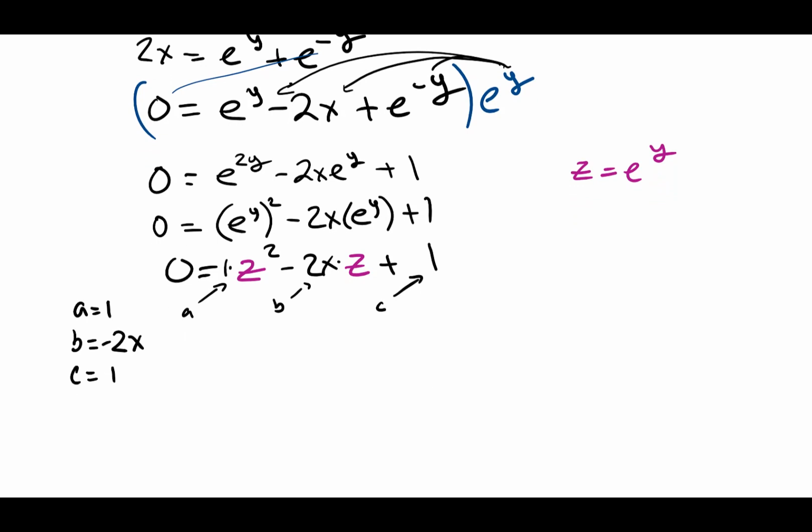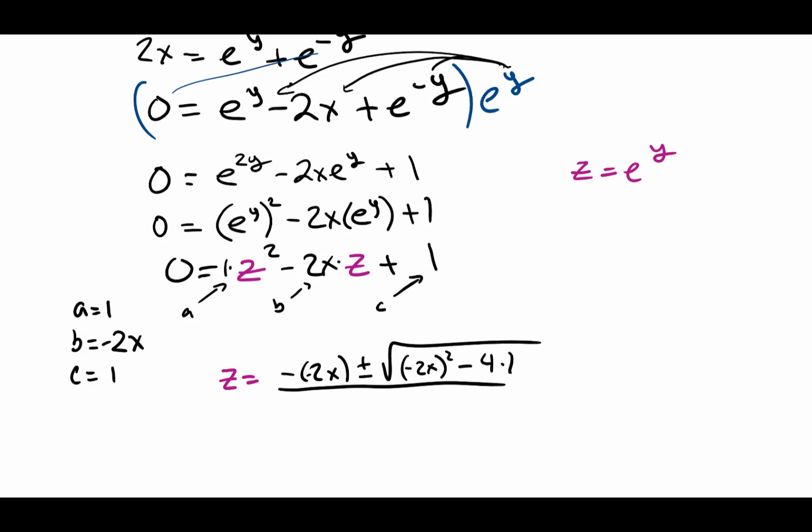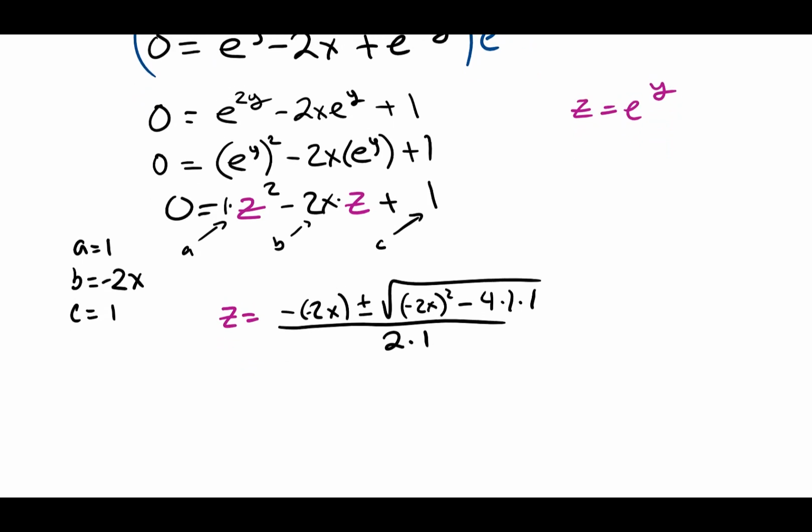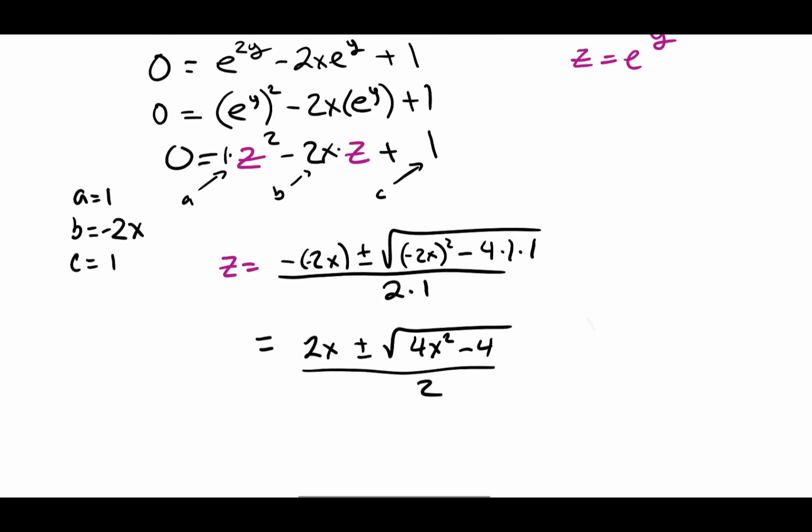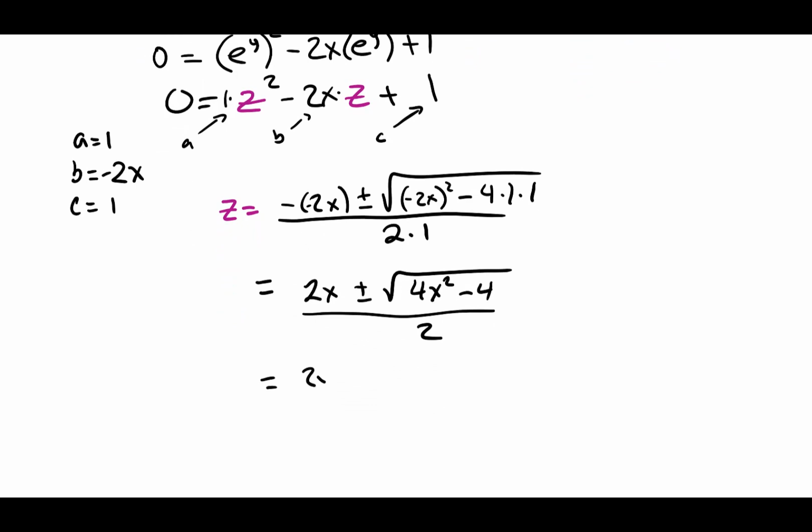So there was our a, our b, and our c for the quadratic formula. So we can say that our z value is going to equal negative b plus or minus the square root of b squared minus 4 times a times c all over 2a. Okay, so what do we got here? This is equal to positive 2x plus or minus the square root of 4x squared minus 4, all over 2. Let's continue to clean this up.